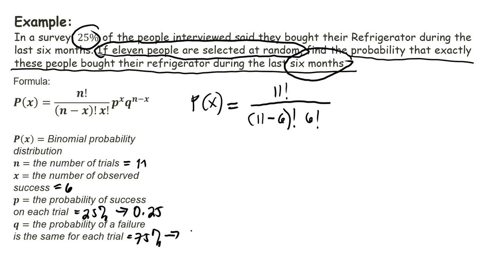So, that is 0.25, 0.75. So, this is 0.25 raised to X, which is 6, times Q naman natin na 0.75, raised to n, ano yung n natin? 11 minus x natin na 6.